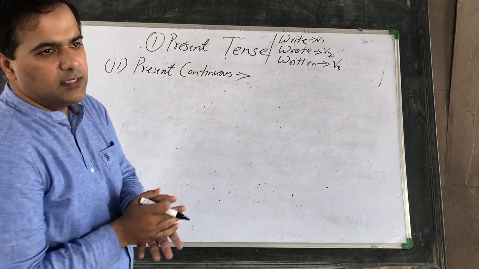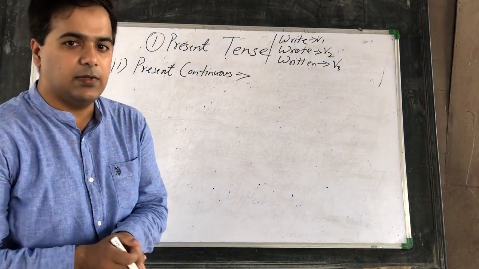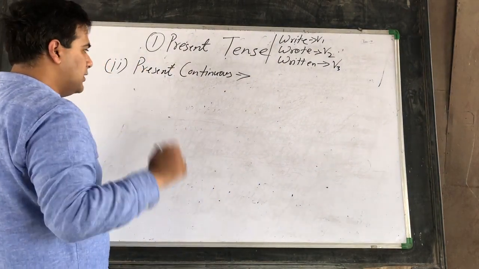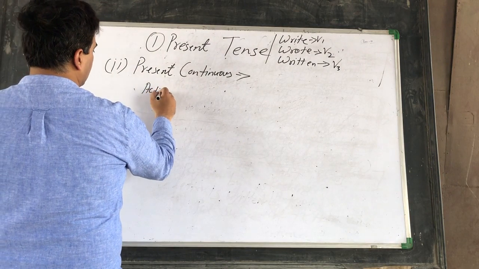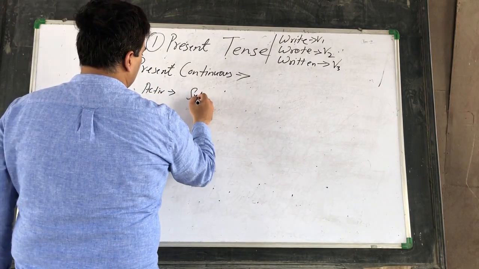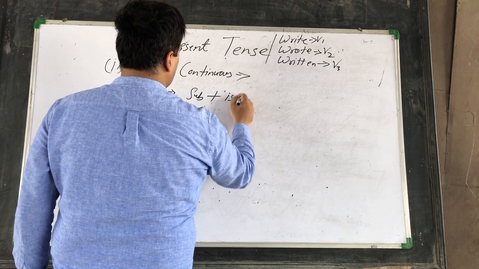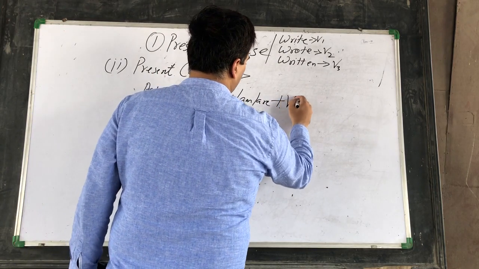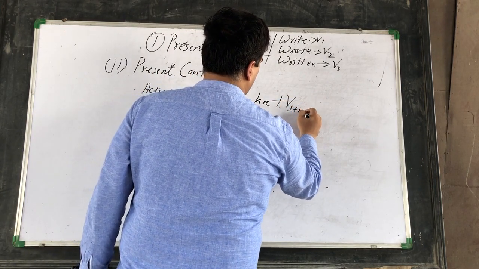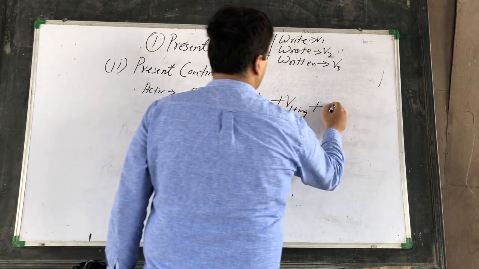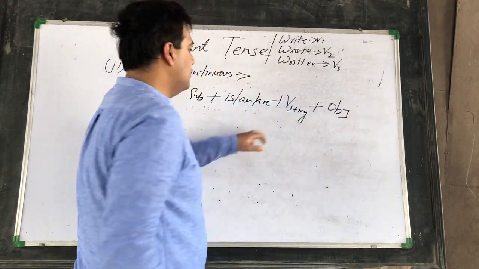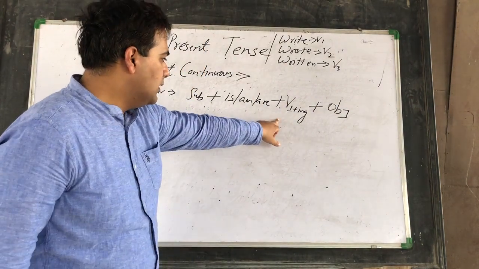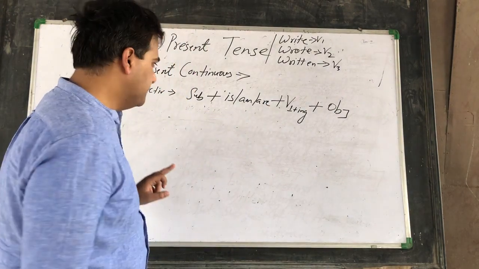In the present continuous, it is telling about the action which is happening in the present, but it is continuing, it is not finished. Let's see what the structure is. In active voice, the structure will be subject plus is, am, are plus verb first form plus ing, then object. Some people also call this the ing form of the verb.